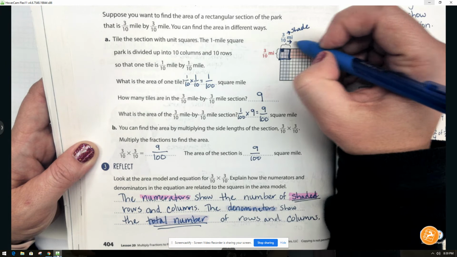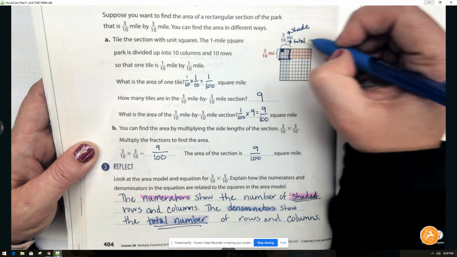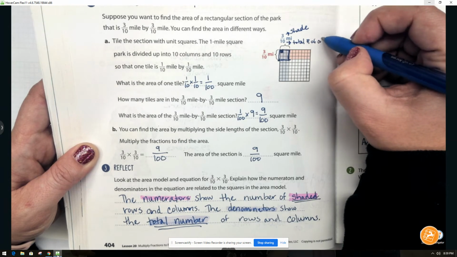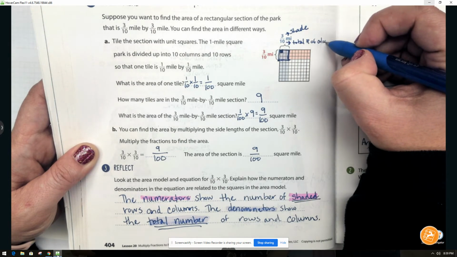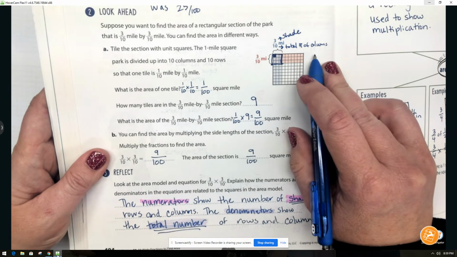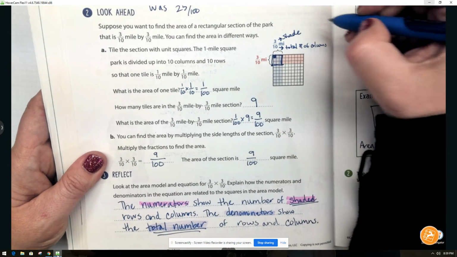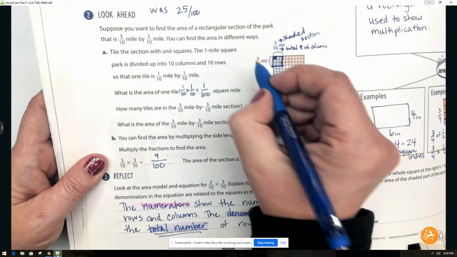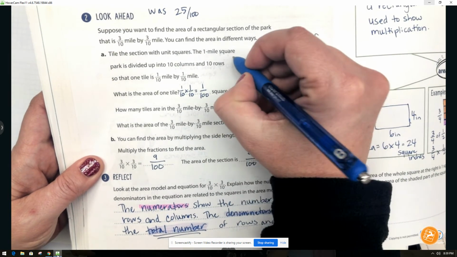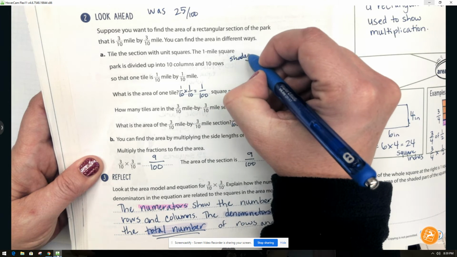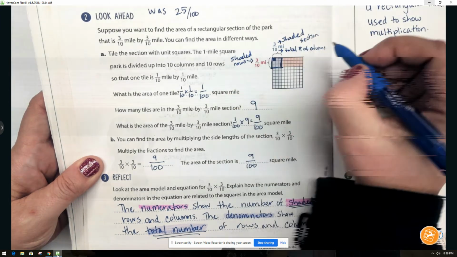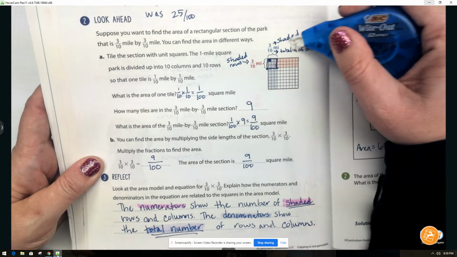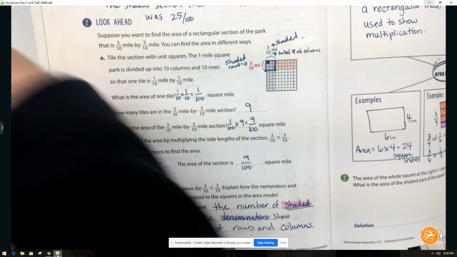The denominator tells us the total number of columns. In this case, it's the total number of columns. And this is the shaded section. This number 3 is also the shaded rows. Instead of saying shaded section, I'm going to say shaded columns.